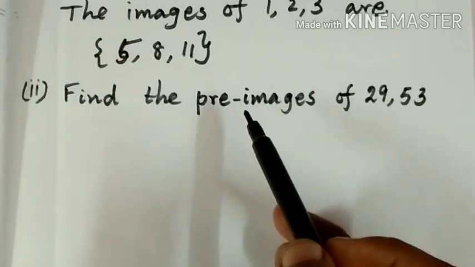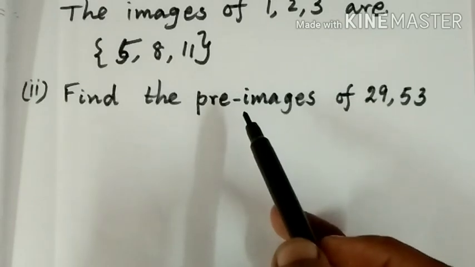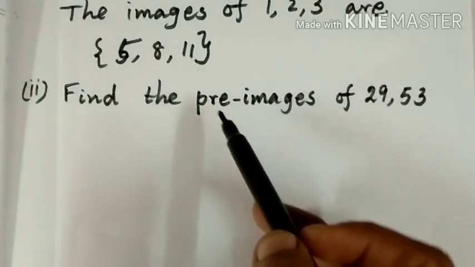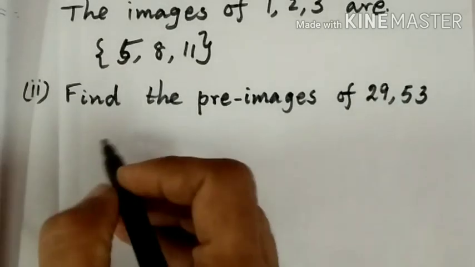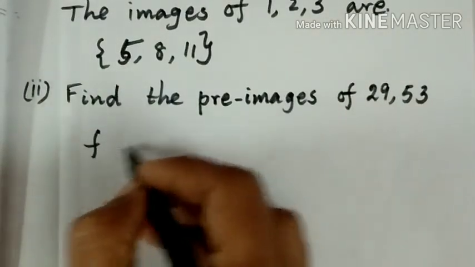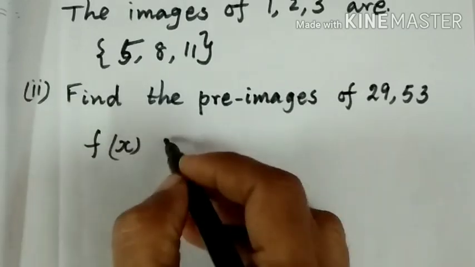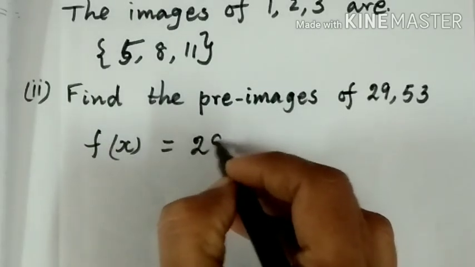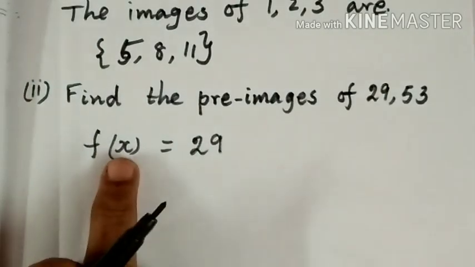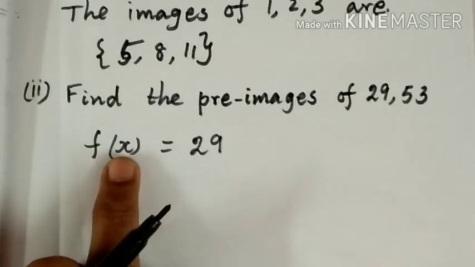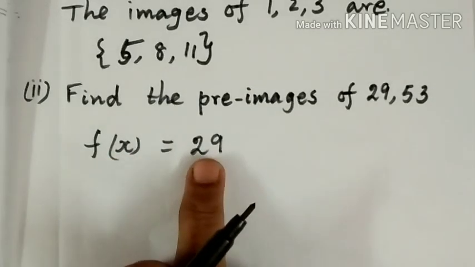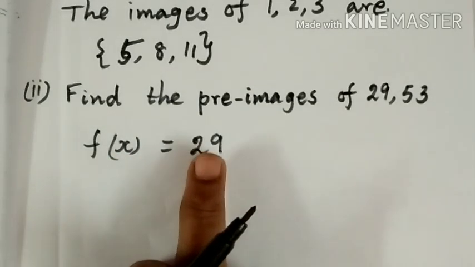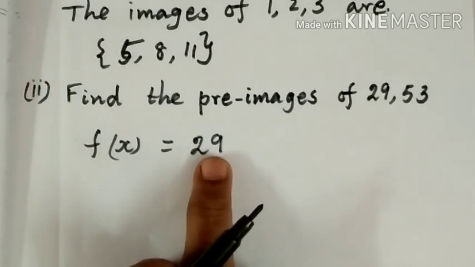That is, in an ordered pair, the first element is called the pre-image, the second element is called the image. Then it means f of x equal to 29. This one belongs to the first set, that is the x coordinate, and this one belongs to the second set, that is the y coordinate.